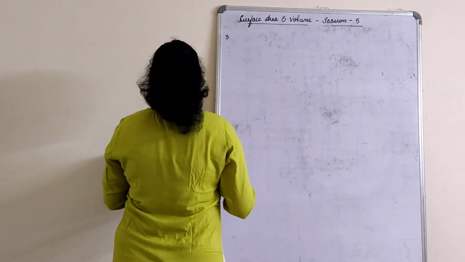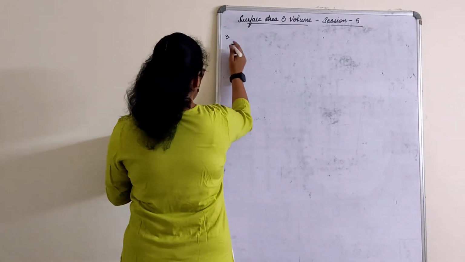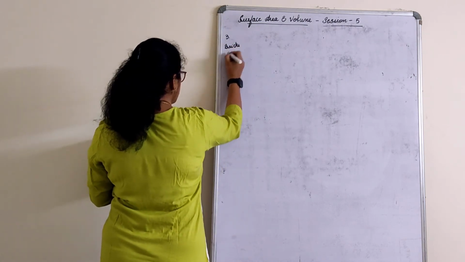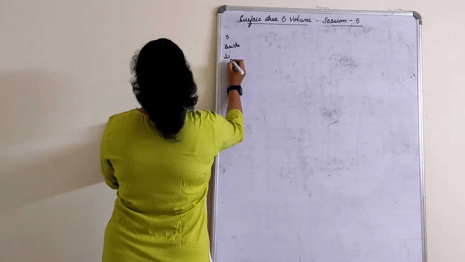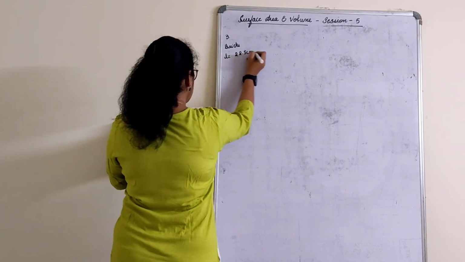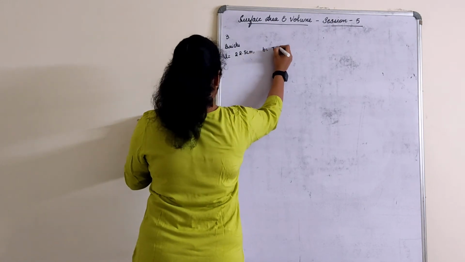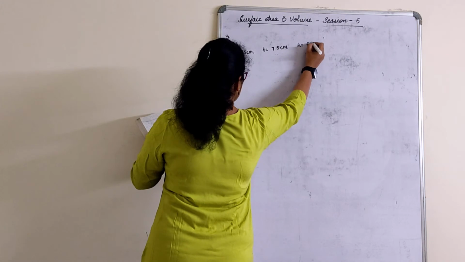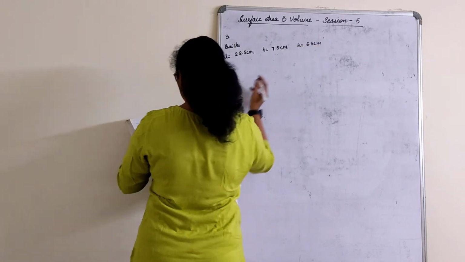Next. So let us assume that this is about the bricks. So length of the brick is given as 22.9 centimeter. Breadth is given as 7.5 centimeter. Height is given as 6.5 centimeter.